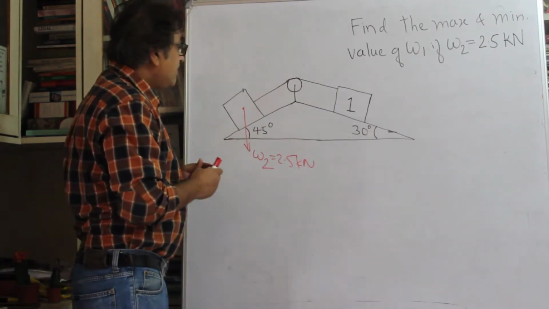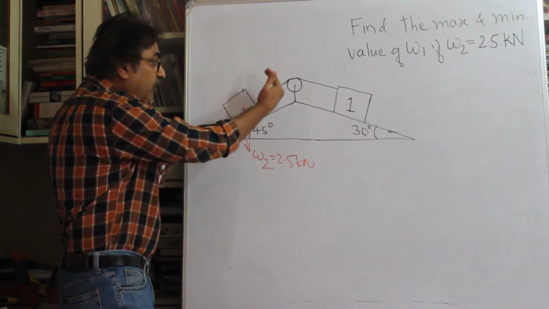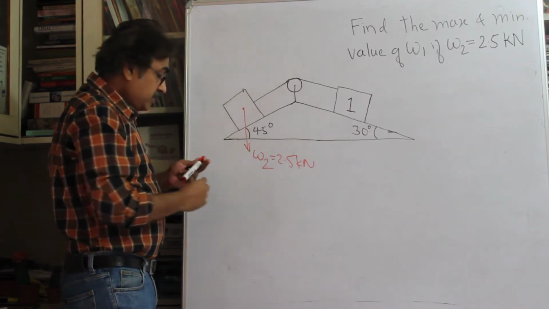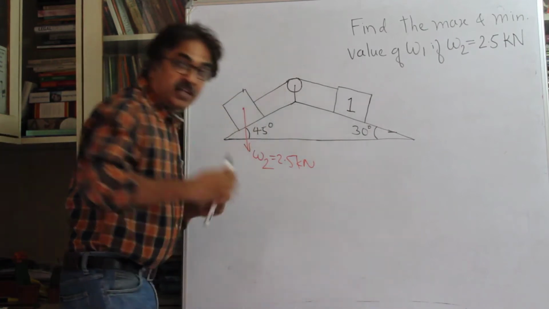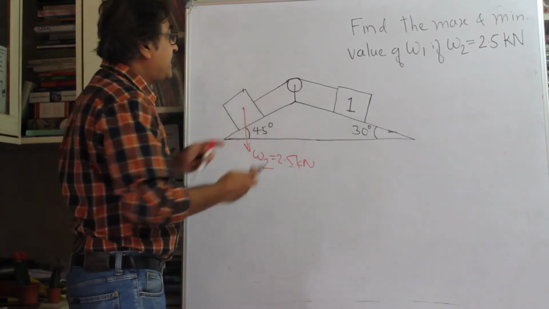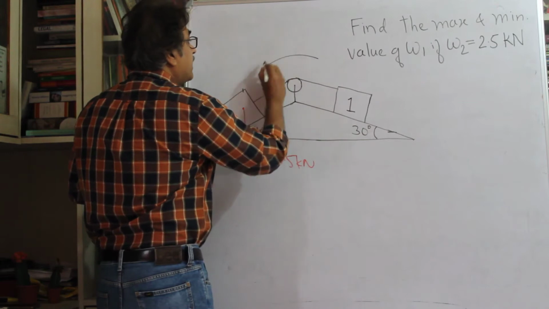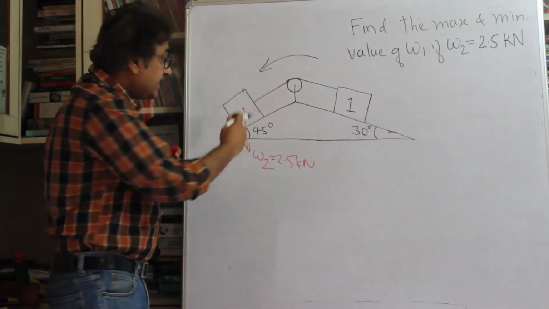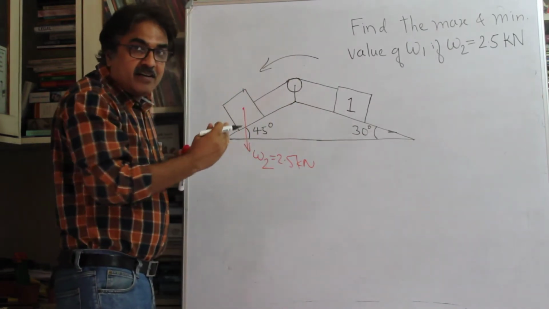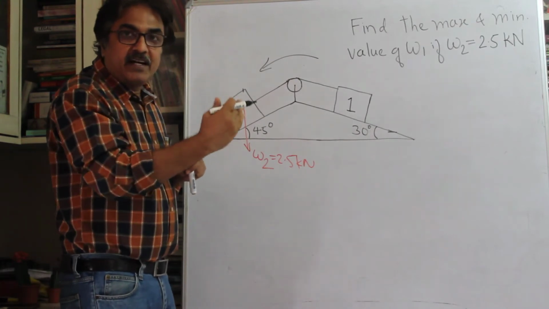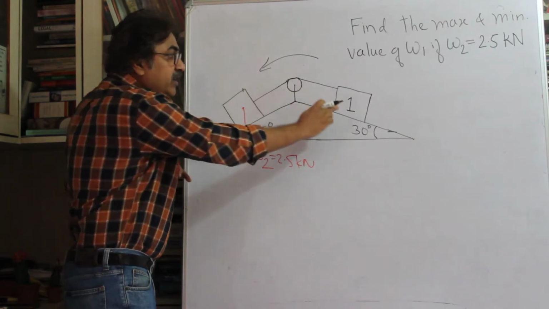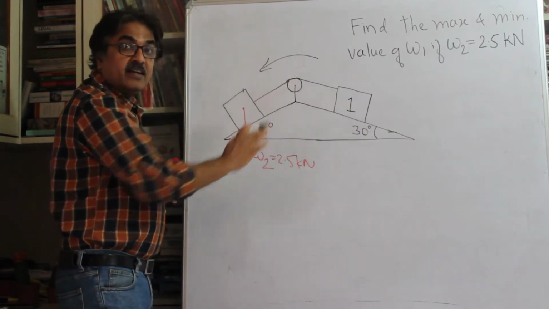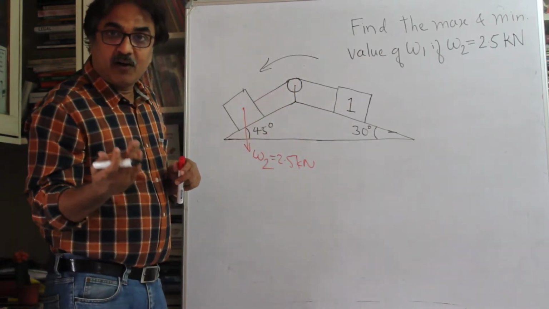And when you are stopping this body from moving down, the impending motion of the entire system is going to be anti-clockwise, right? It's trying to move down, but it's not allowed to, so it's an impending motion. So if you find W1 in this situation, that will be the minimum value. I hope you are clear.